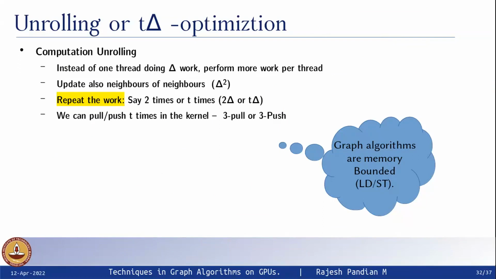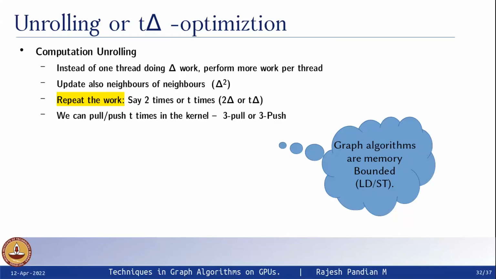By delta I mean the max degree in that particular graph. So at most a thread can perform max degree many work, right? So the idea here is, why don't we give more work? How do we give more work? What are we doing? We are updating neighbors, right?